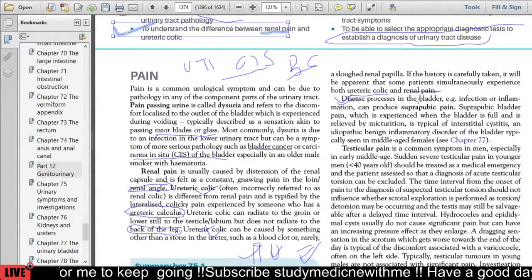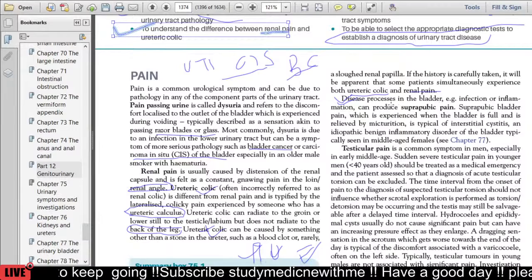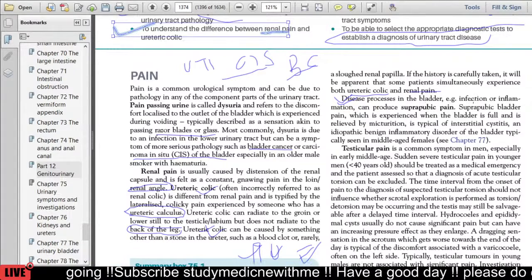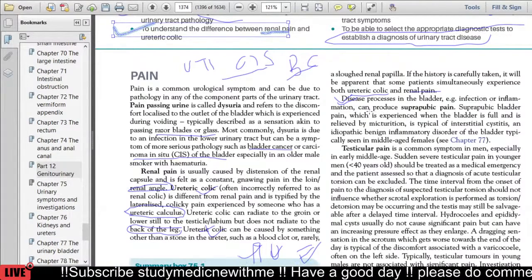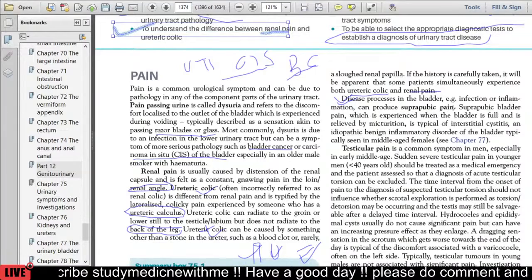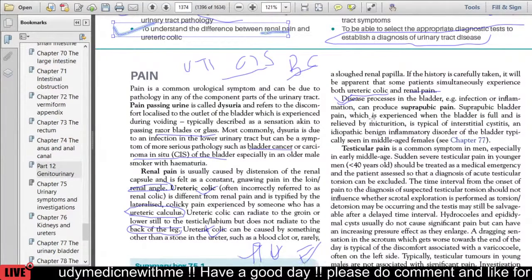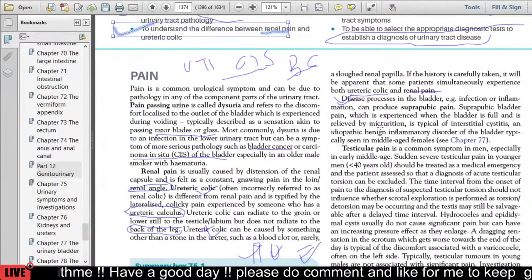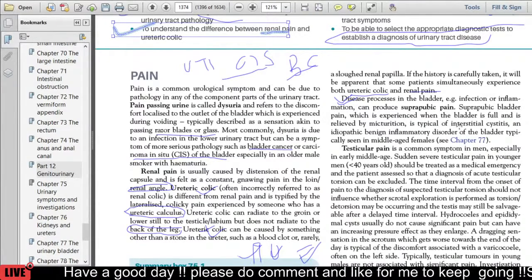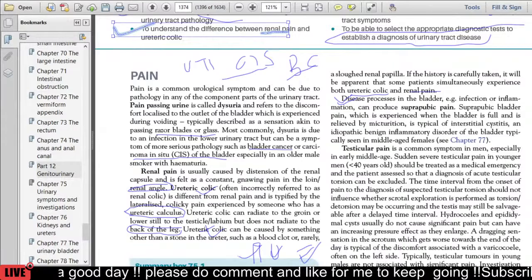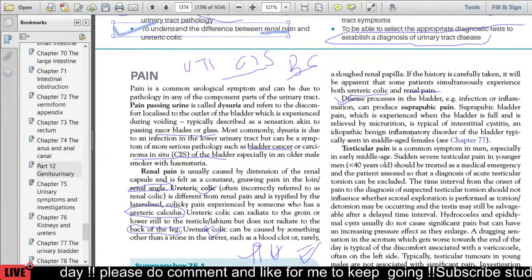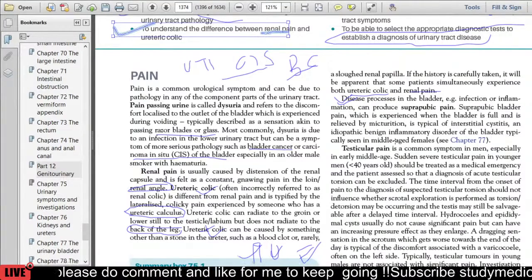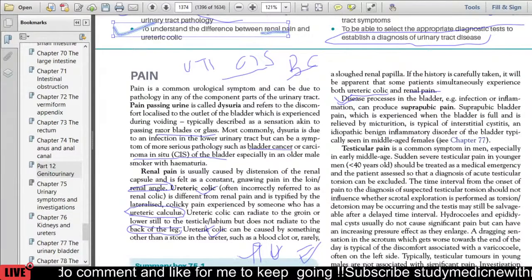Disease processes in the bladder, for example infection or inflammation, can produce suprapubic pain. Suprapubic bladder pain, which is experienced when the bladder is full and is relieved by micturition, is typical of interstitial cystitis, an idiopathic benign inflammatory disorder of the bladder typically seen in middle-aged females.